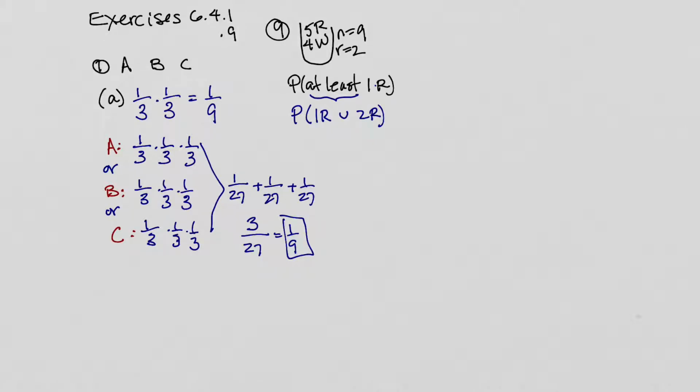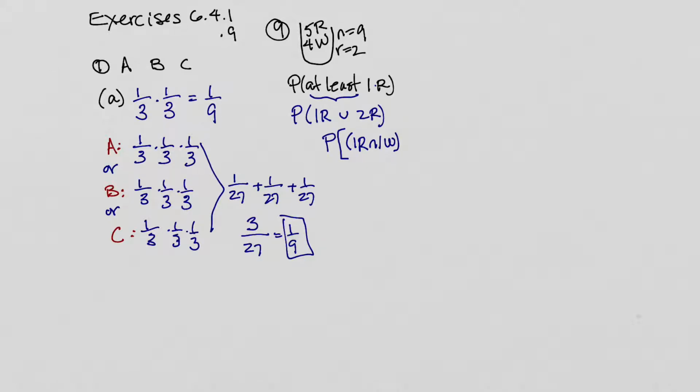And now what I want to do is get these in terms of everything I've got in this pot right here. I've got reds and whites. I want to get this in terms of reds and whites. So I can write this, if I do it like this, the probability, I'll use a square bracket here. Now, to get this 1 red, if I'm drawing 2 balls, I have to get 1 red and 1 white.